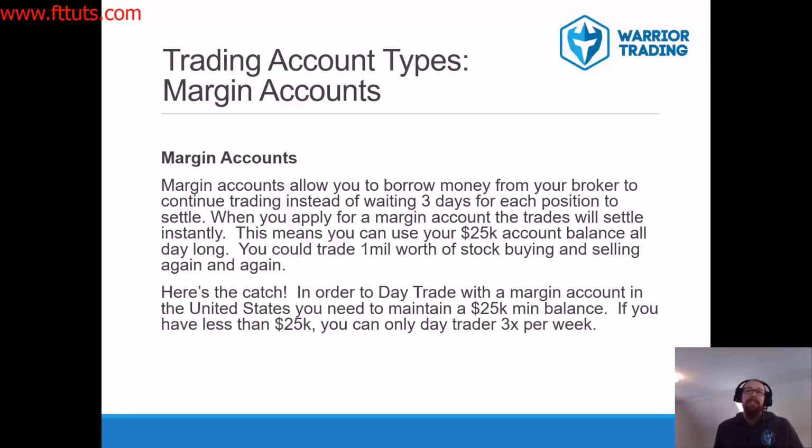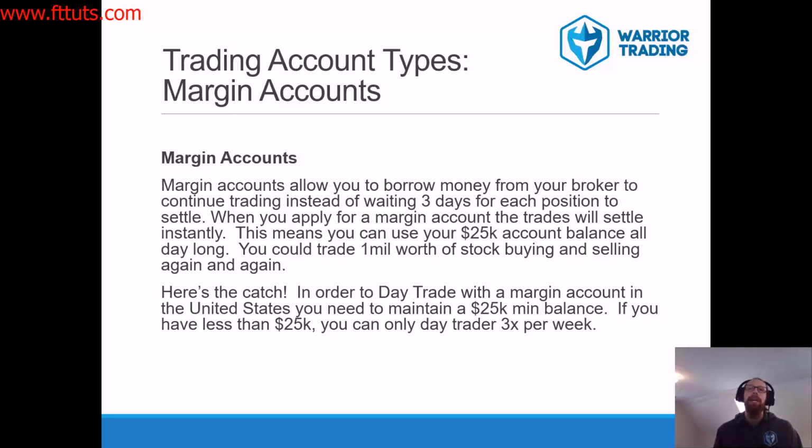I mean, it seems crazy to say it, and that's just the way it is. So margin accounts give you 4 times leverage. That means with $25,000, you can day trade with 100 grand, which is one of the reasons a lot of traders get in trouble. They put in $25,000, $30,000, and all of a sudden they've got all this buying power. They've got more money than they have knowledge, and they make big mistakes.